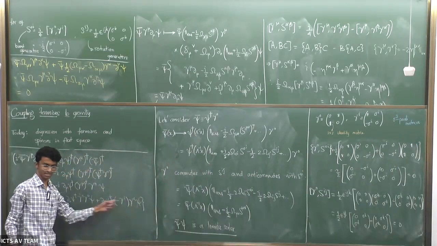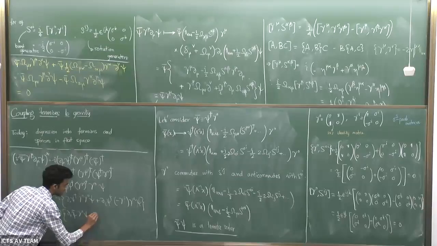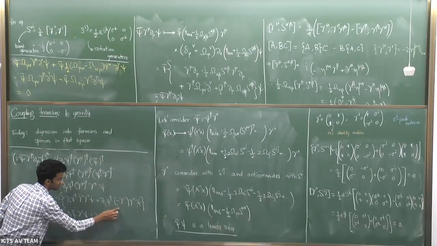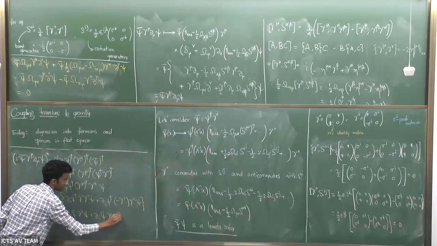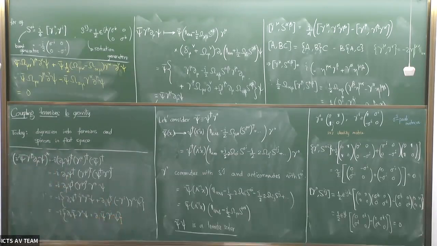Let's get rid of this minus sign. So it becomes plus del I psi bar gamma I psi, once the gamma 0 comes here.